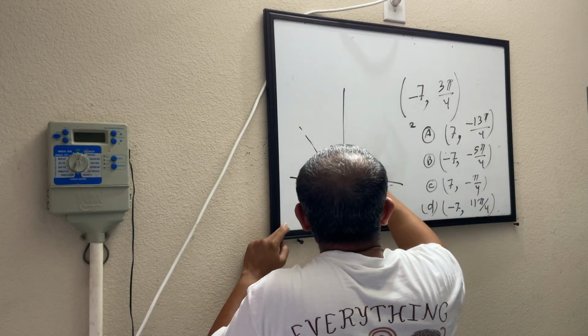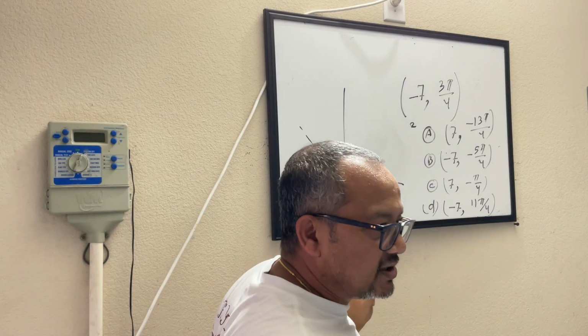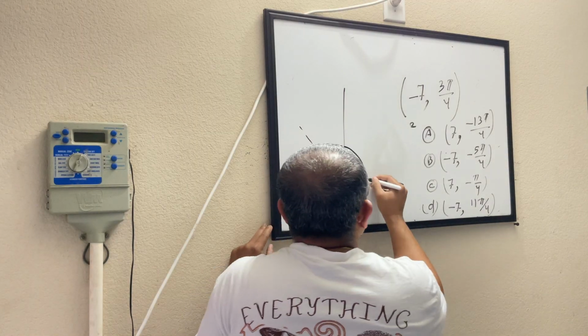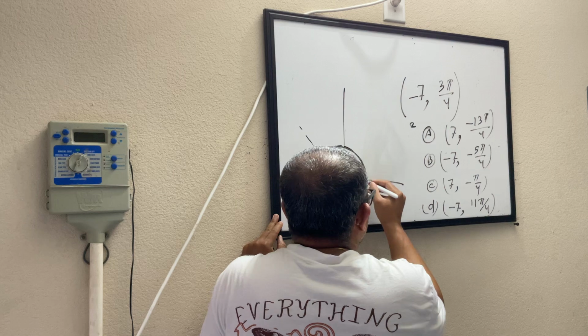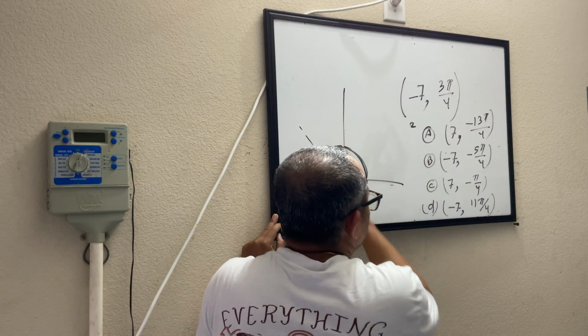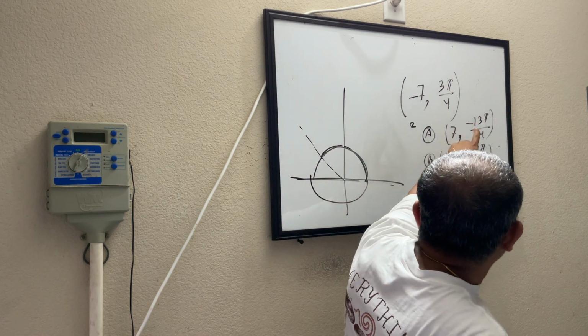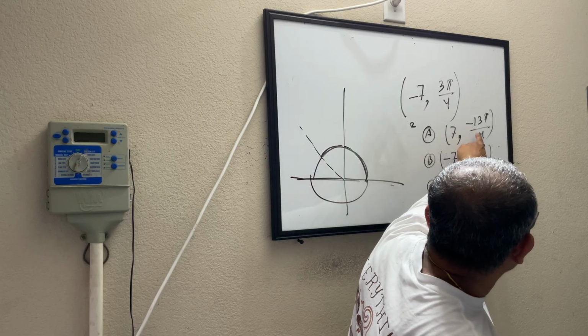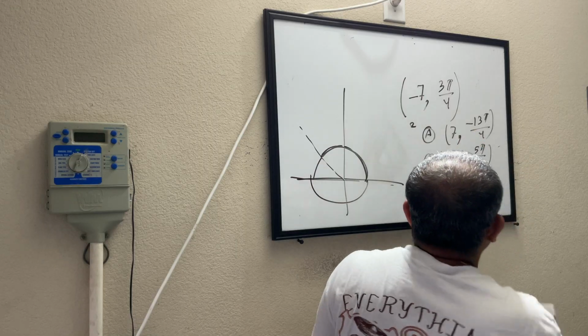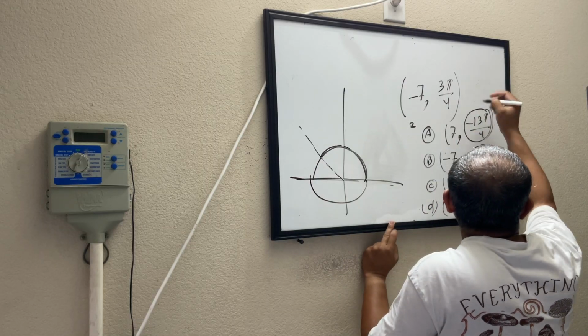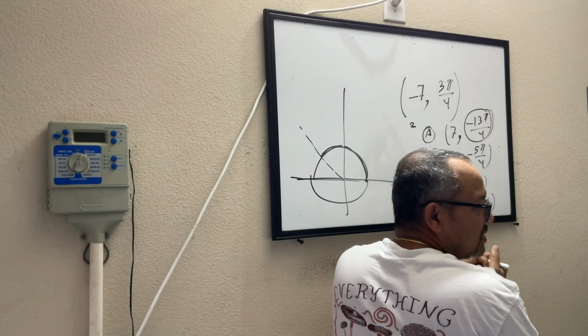So you are talking about 135 degrees basically. So this is 3 pi over 4. How many ways you can get here? Look at this. When you're looking at this minus 13 pi over 4, let's break it down. Let's take the pi thing out.